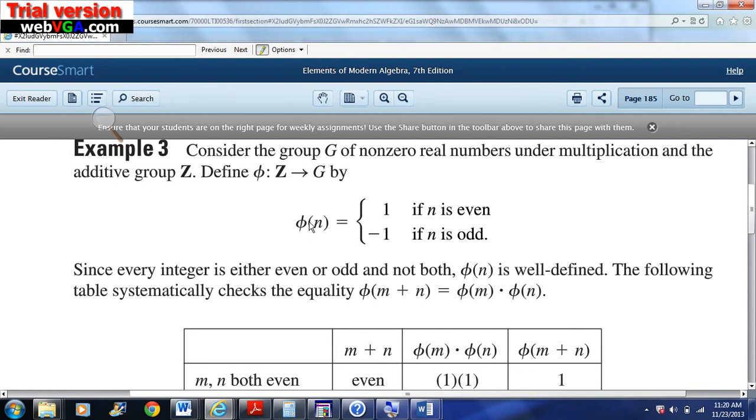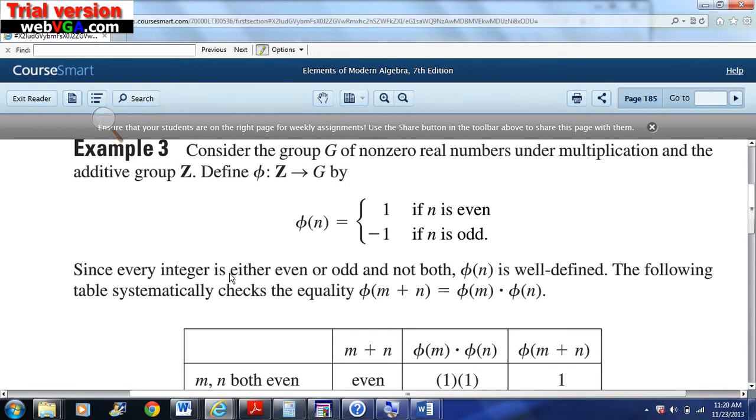That's what phi does. It takes a number and maps it into 1 if n is even. So if n is 2, for example, phi of n would be equal to 1. If n is 7, phi of n would be equal to -1, because it's -1 if n is odd.